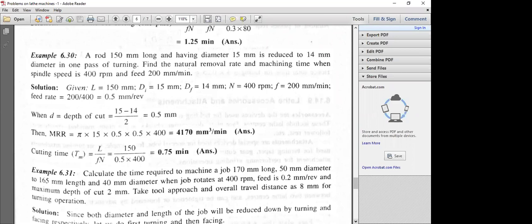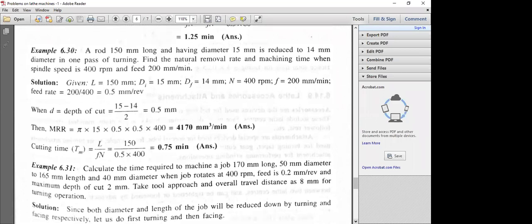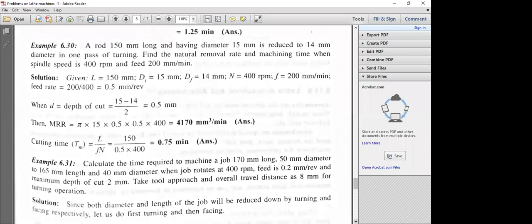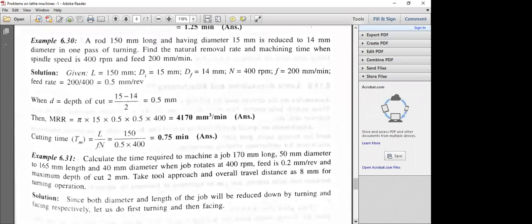Try to observe this, somewhat a different problem here. And 40 mm diameter, the diameter of the job is 40 mm, and the spindle speed when the job rotates is 400 rpm. So capital N is 400 rpm. Feed rate is 0.2 mm per revolution. And the maximum depth of cut, d, is equal to 2 mm.